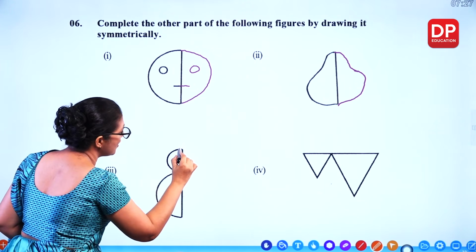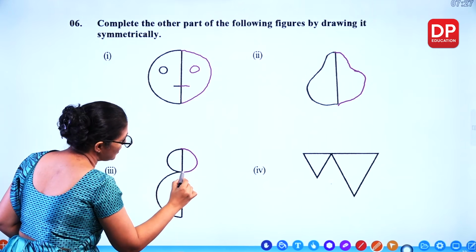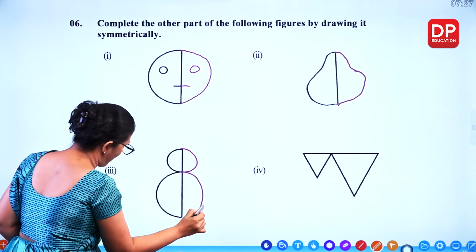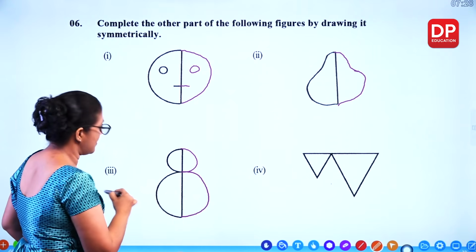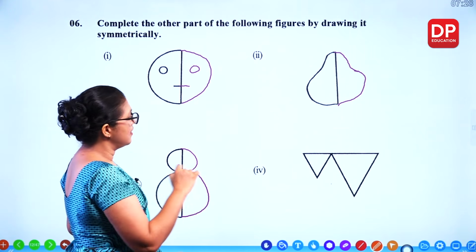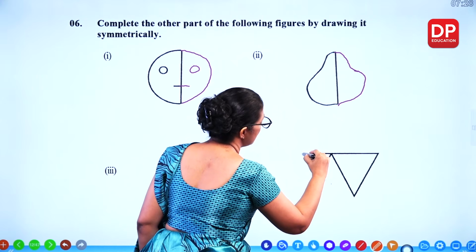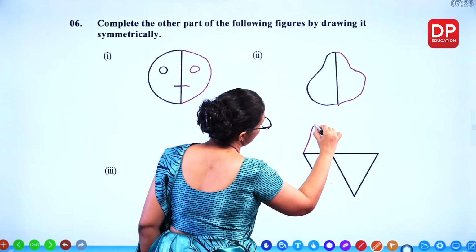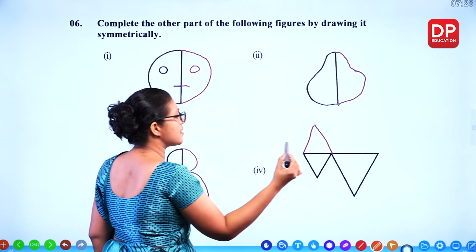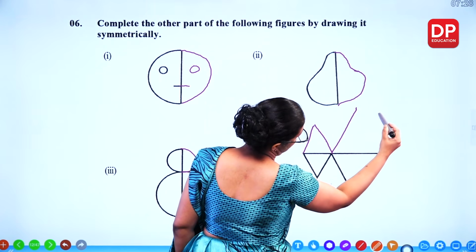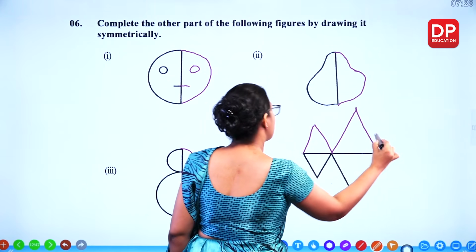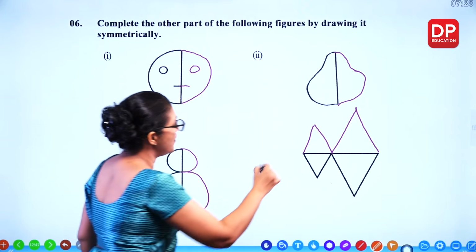What about this one? So you get one part here and the other part like this. This one you can draw something like this and, is it symmetric? I hope that it's symmetric.